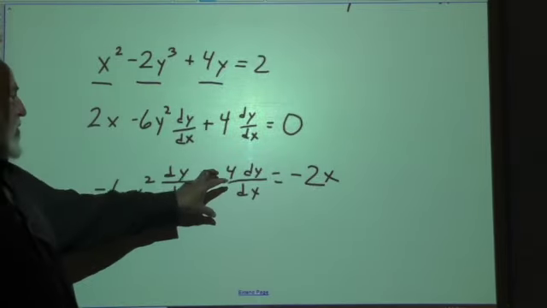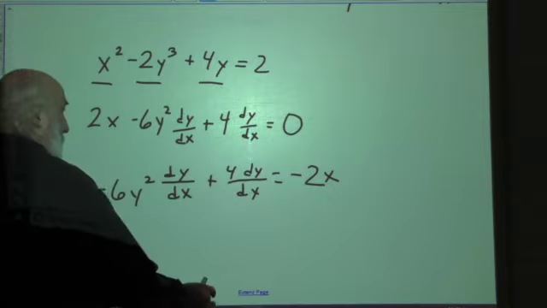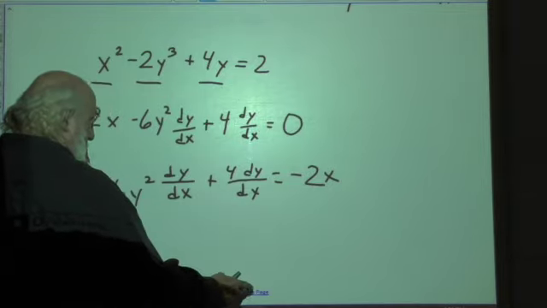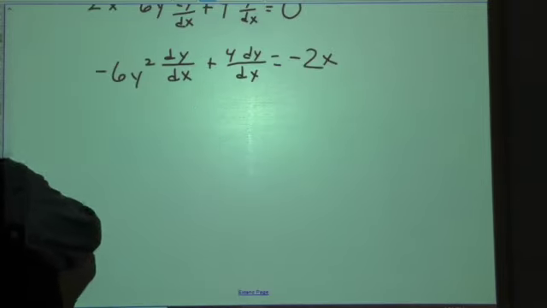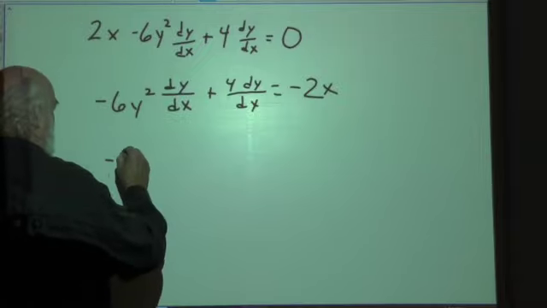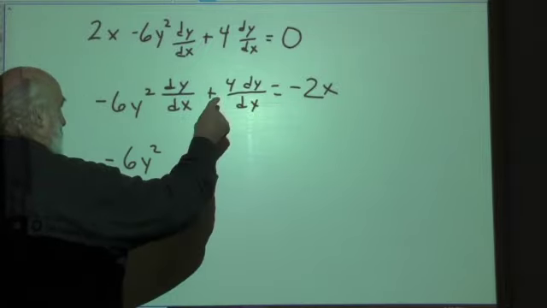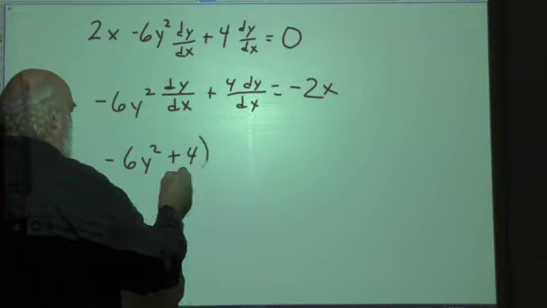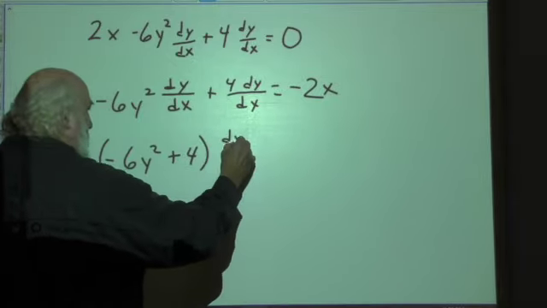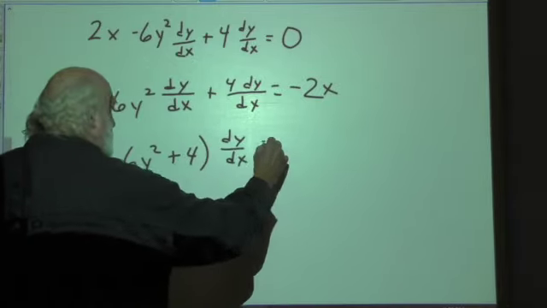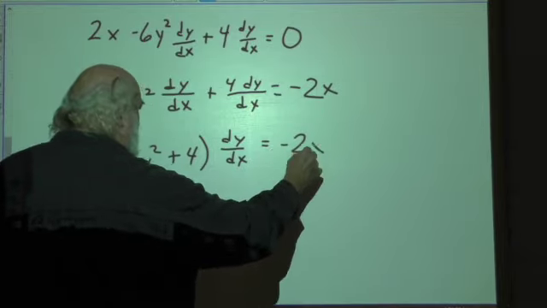Now we can factor out a dy/dx here. I'm going to take out a negative 6y squared and a positive 4, and that's going to be times dy/dx equals negative 2x.